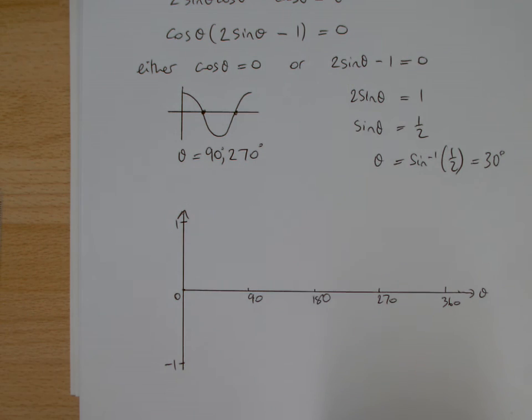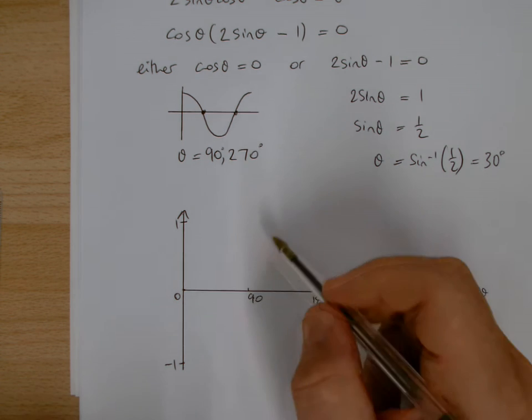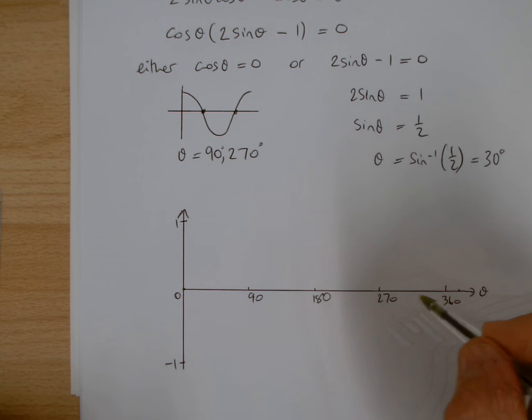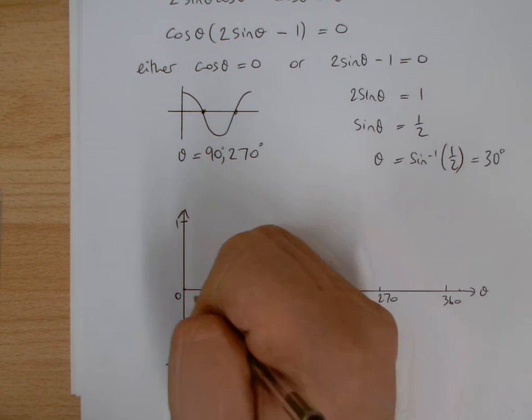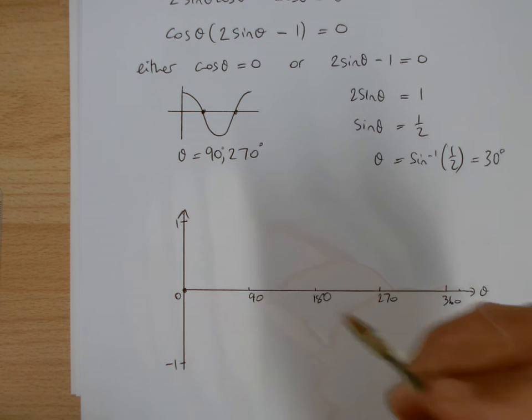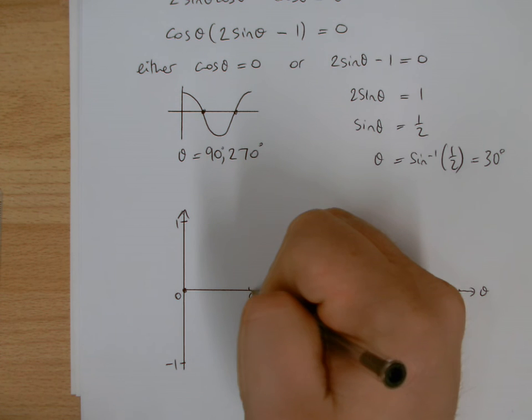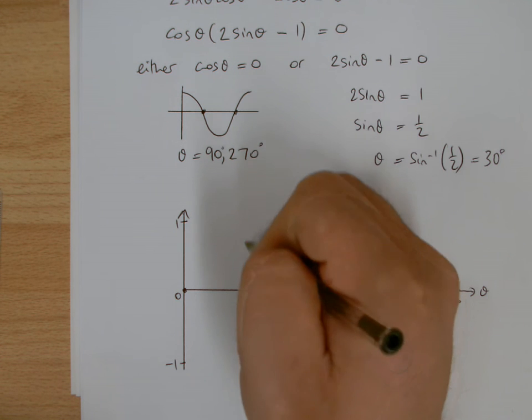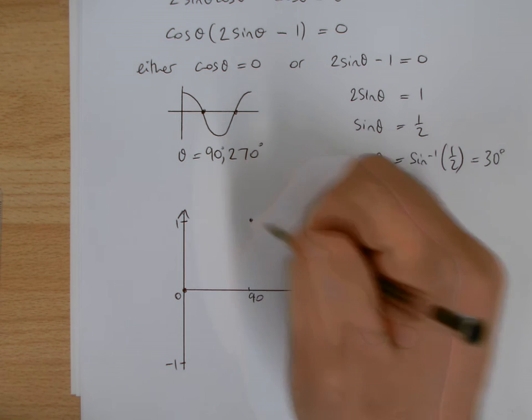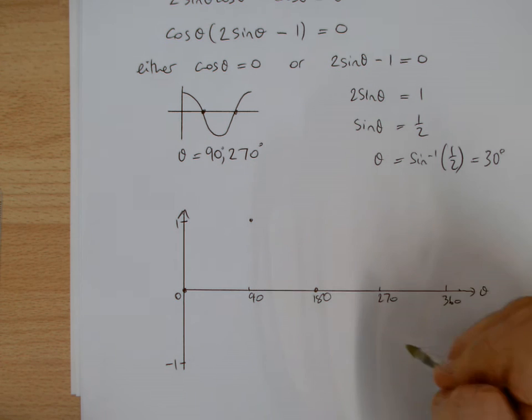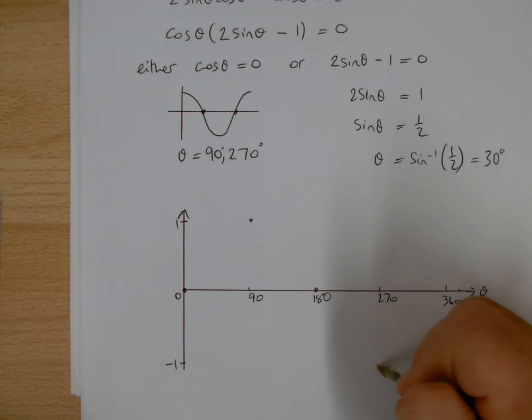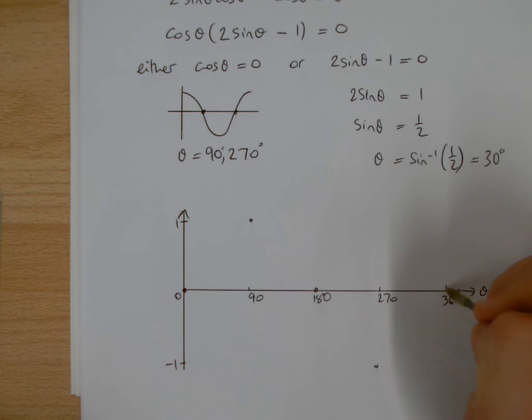So again, we remember from last year, if you can't remember what the sine graph looks like, just put sine 0 in your calculator, and sine 0 is 0. Put sine 90 in, and sine 90 comes out to be 1. Same with 180 is 0, 270 is -1, and 360 is 0.